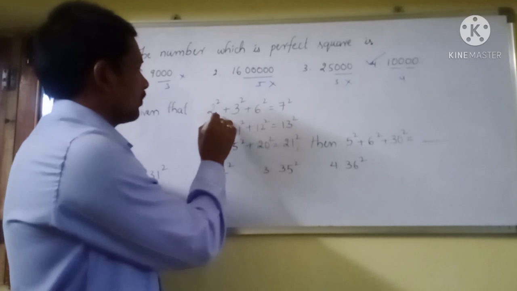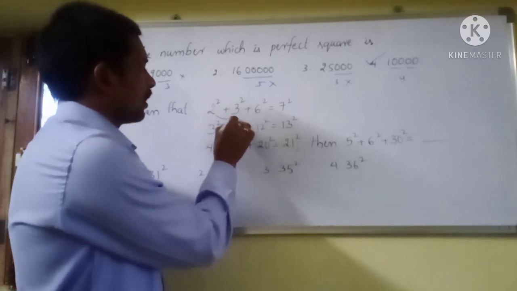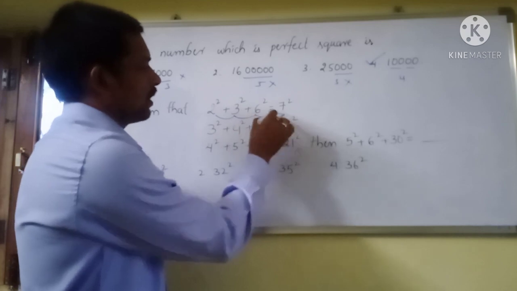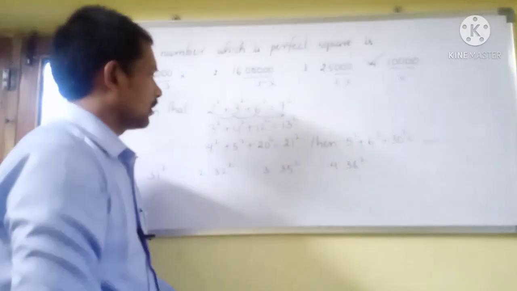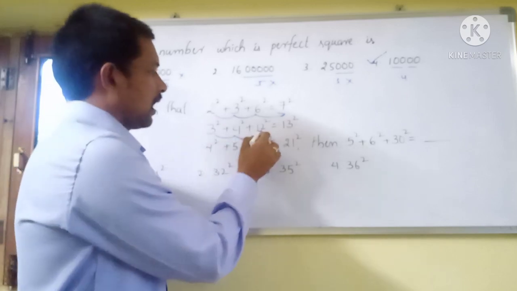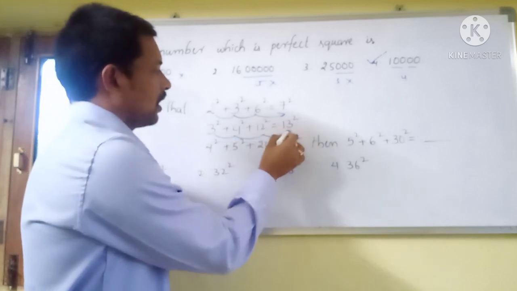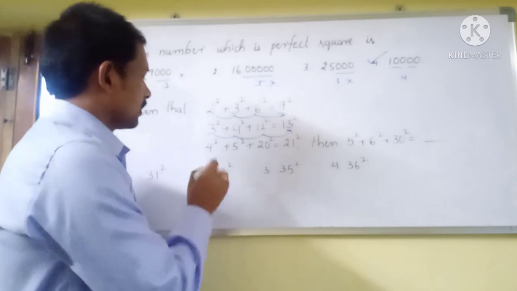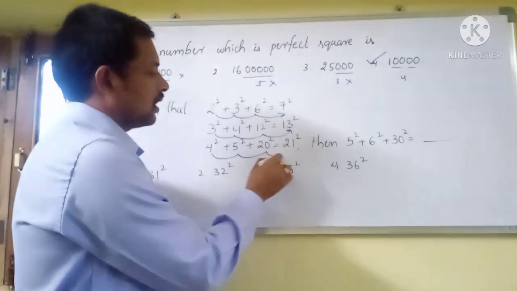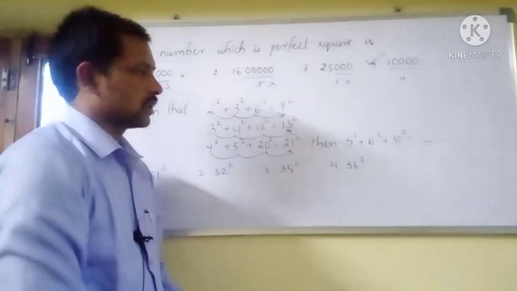If you observe the pattern here, 2 3s are 6, so after the square the number is 6 plus 1. 3 4s are 12, and the number is 12 plus 1 square. Then 4 5s are 20, so 20 plus 1, 21 square.